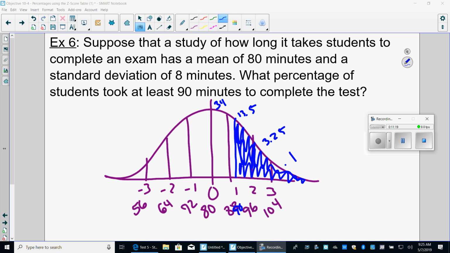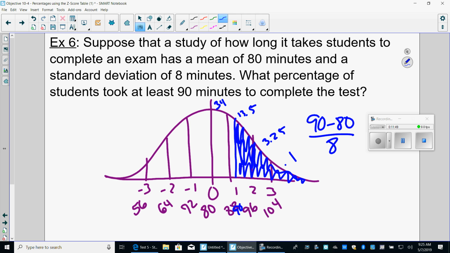Obviously, you know this has to be less than half, correct? Why? Because the question says more than. We want 90 or more, correct? Okay, so I want to make sure we're shading what the question's asking for, okay? So if you make this a z-score, we're going to put in 90 minus the mean, which is 80, divided by 8.